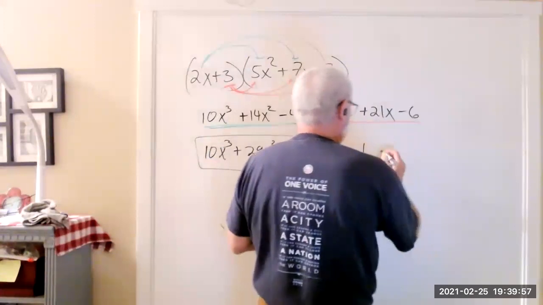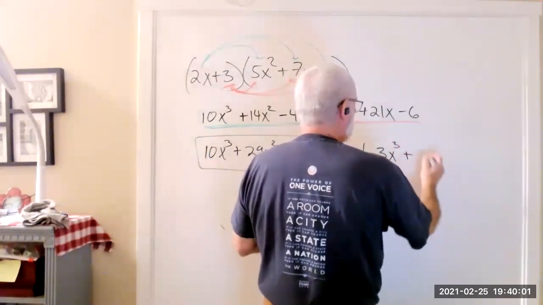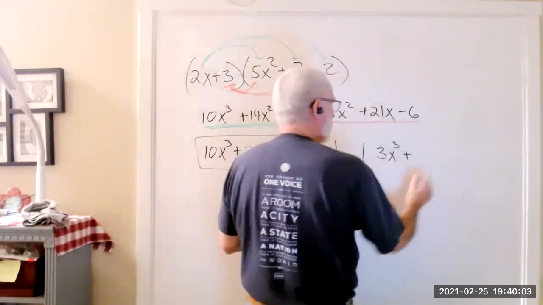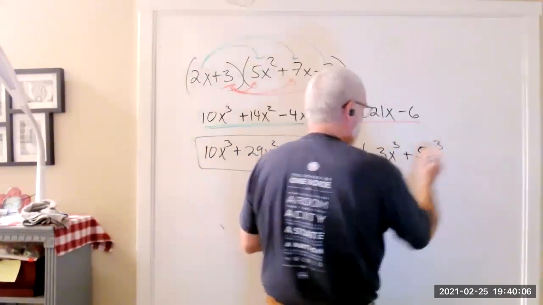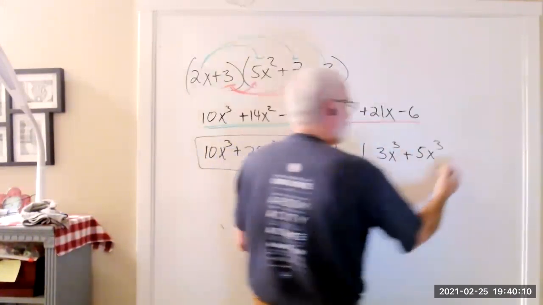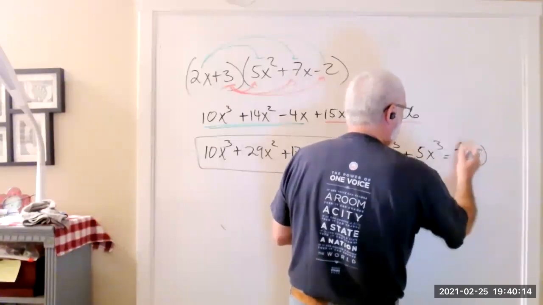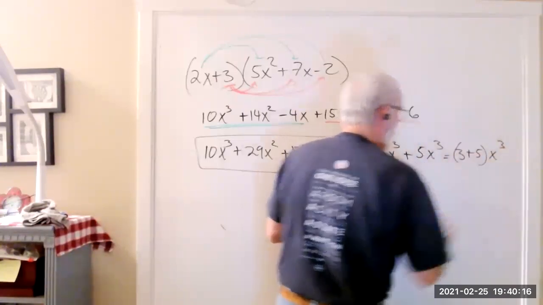Let's back up. Suppose you had 3x to the third plus 5x to the third. The rule for like terms is we add 3 plus 5 and keep the x to the third.